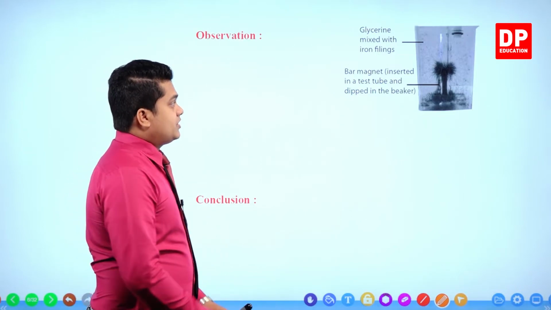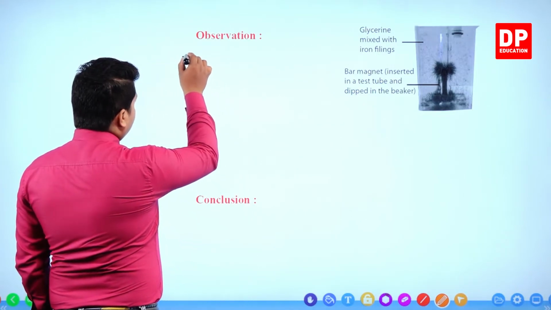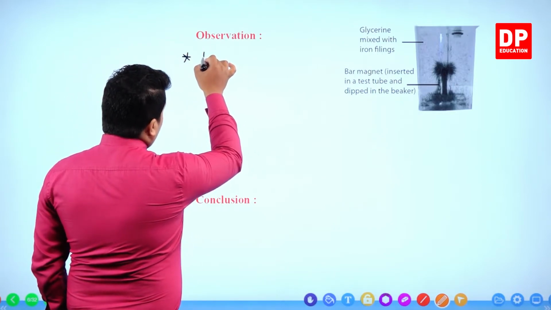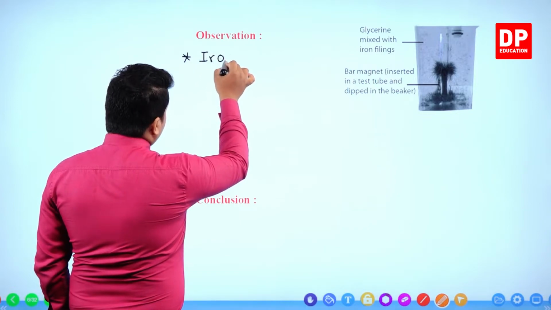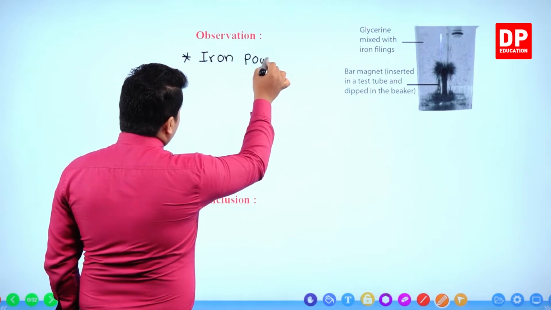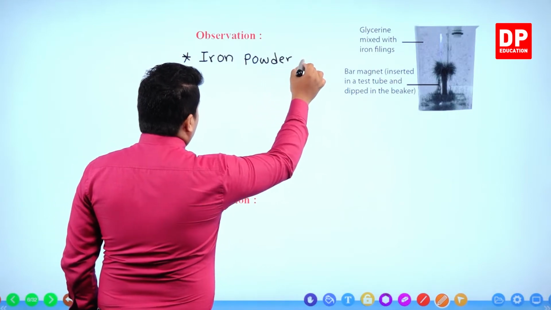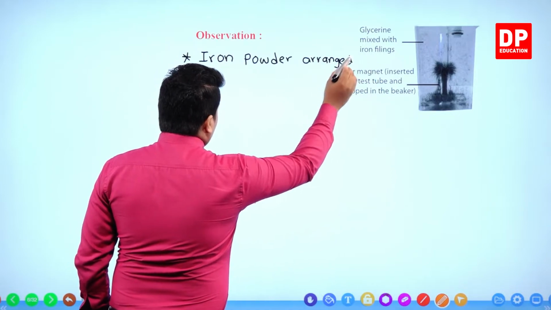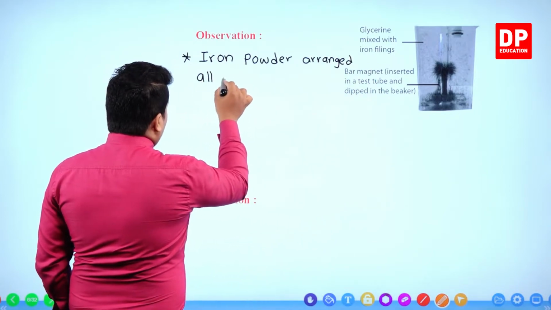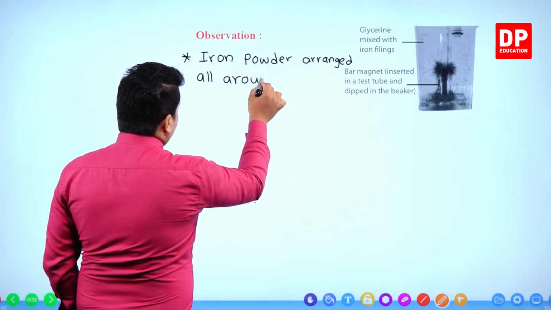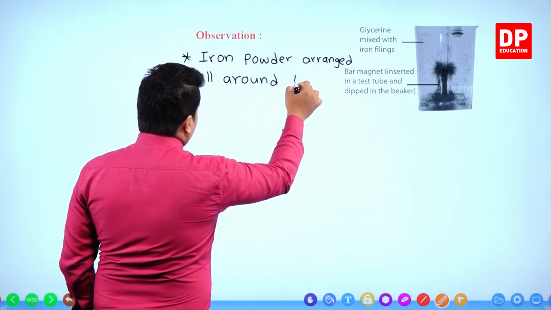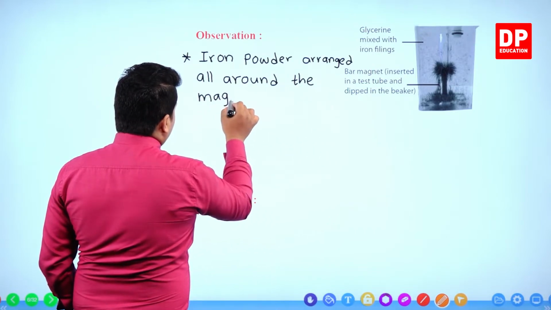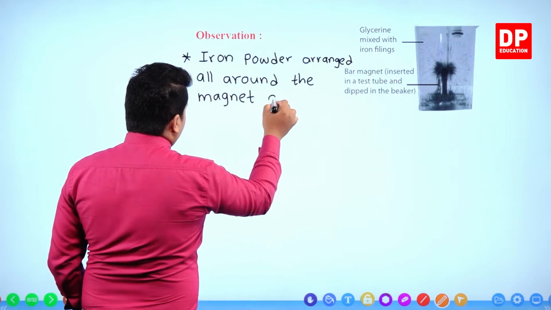So in our observation, we can write: iron powder arranged all around the magnet according to the figure.